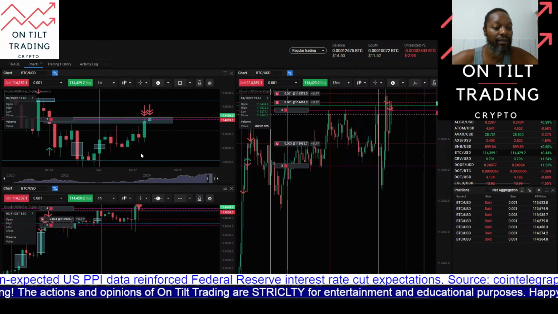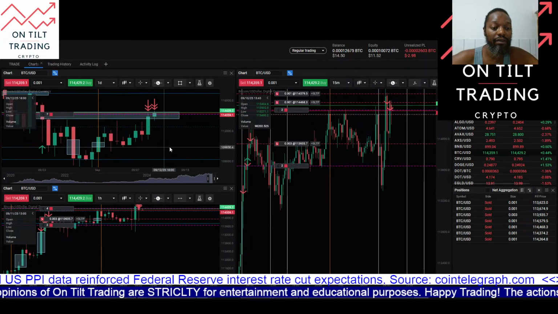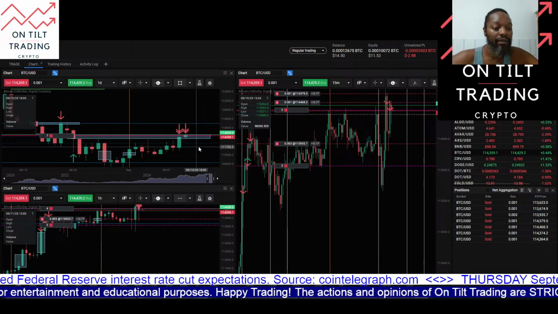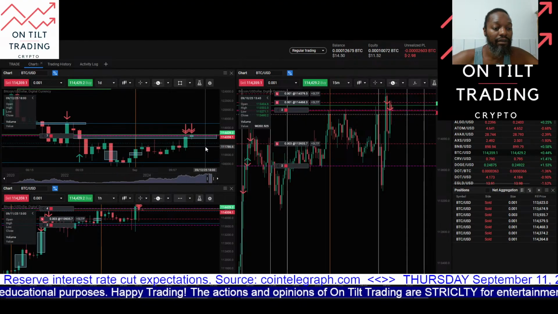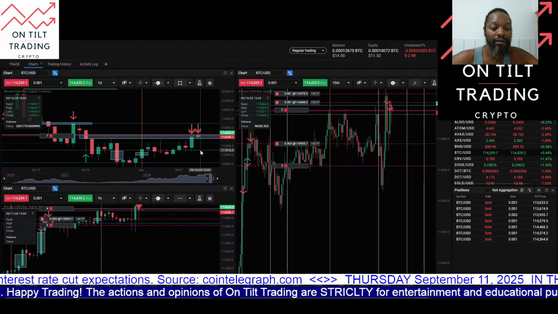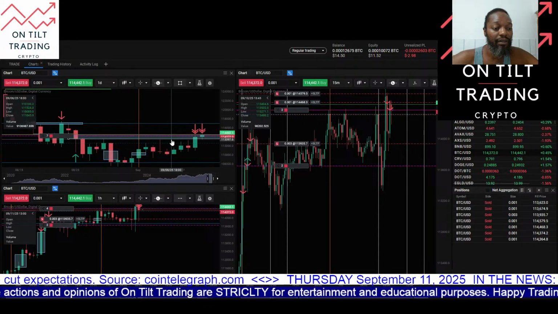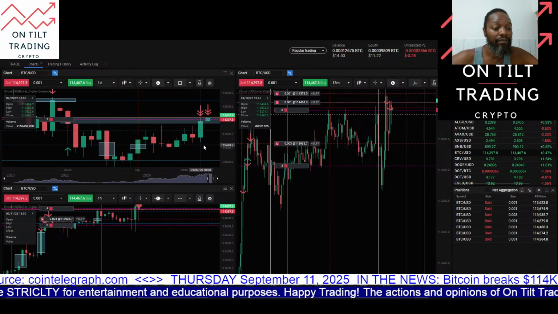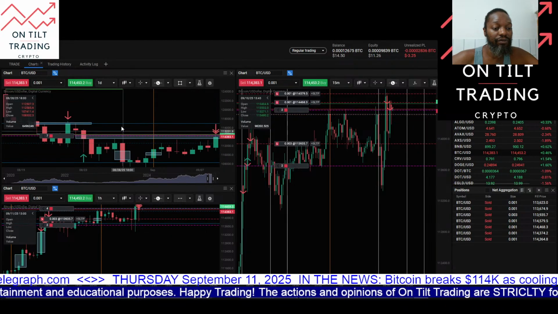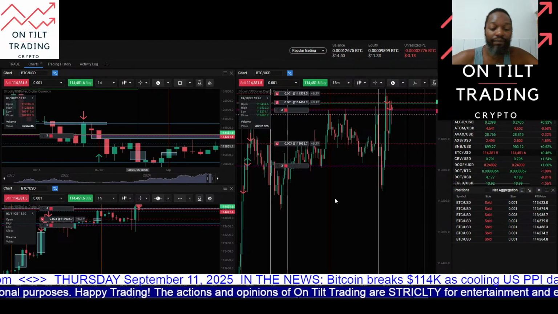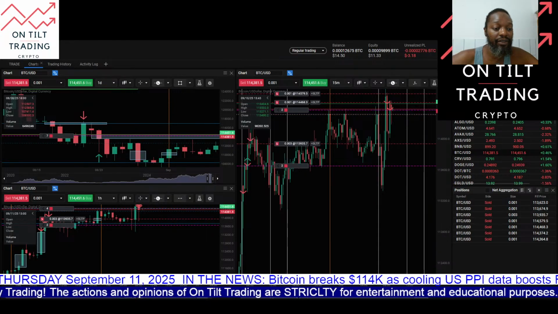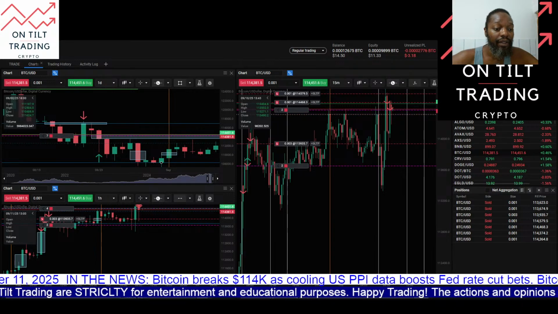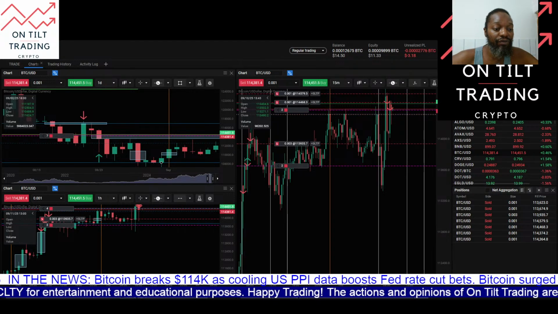Let's see here. Okay. There. I'm going to move this over this one. Okay. So price action actually traded into this area, into this candle, and rebalanced it.